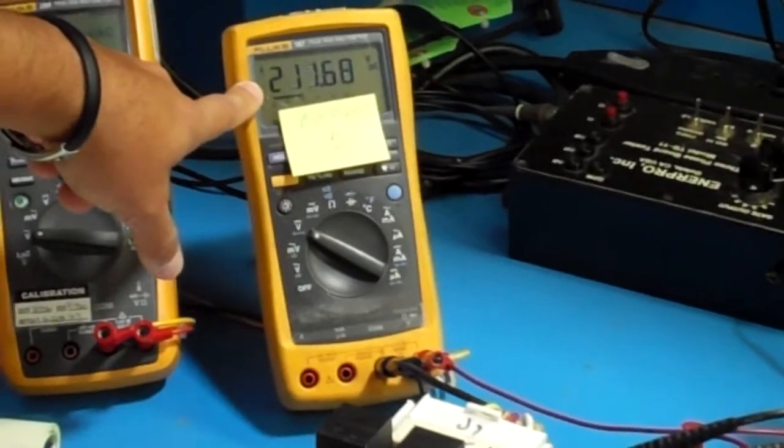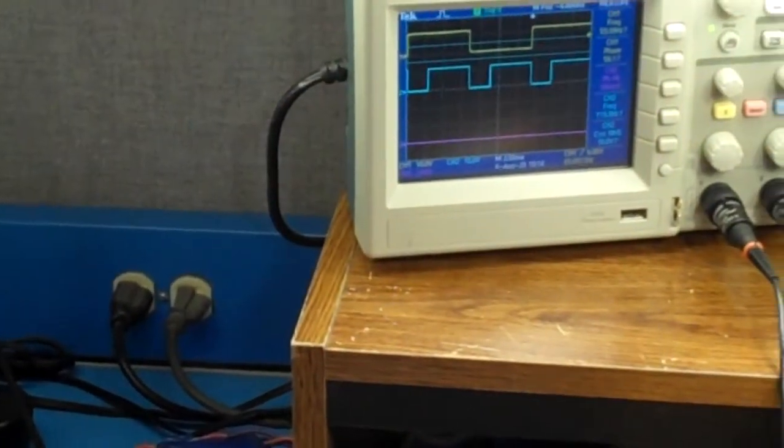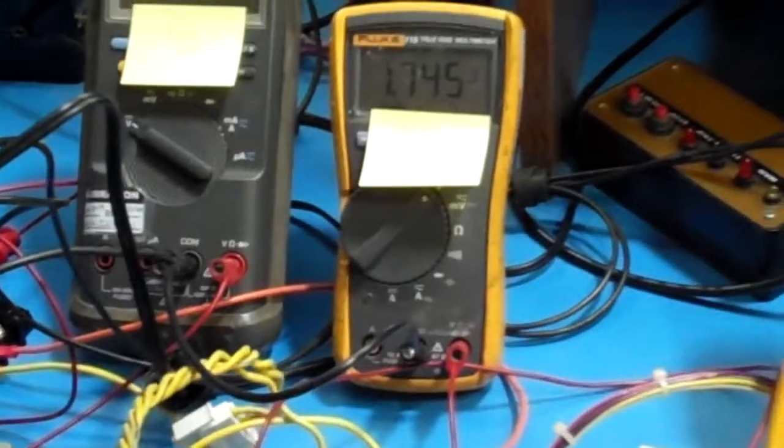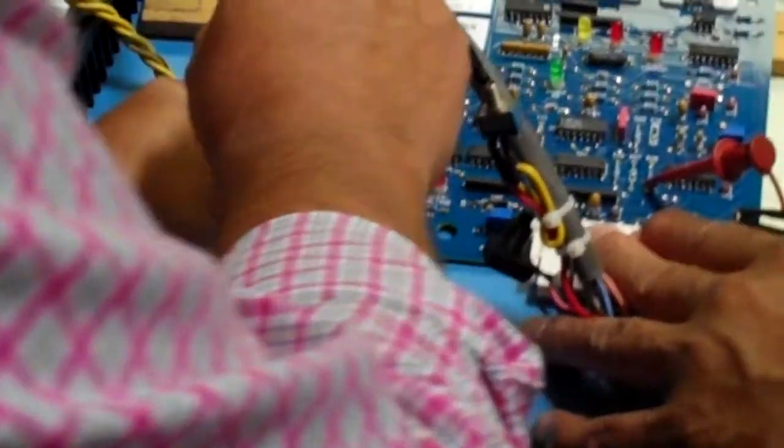Here, remember, this is a multi-turn pot, and we can see also the delay angle change. But there's no current trip because now the voltage feedback has gone to 1.74, and remember the threshold was originally above 3.8. I can bring this back or I can leave it there.